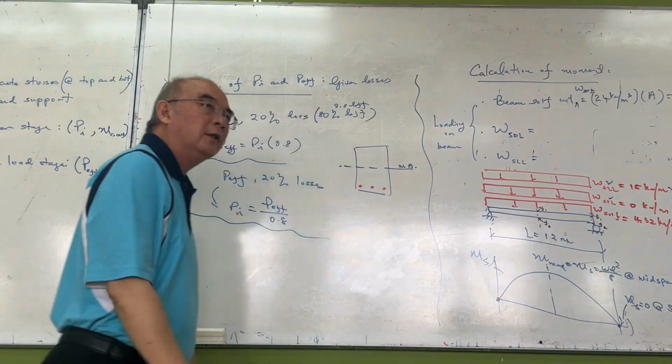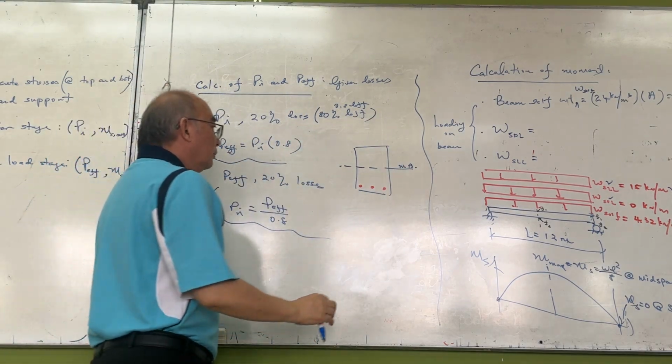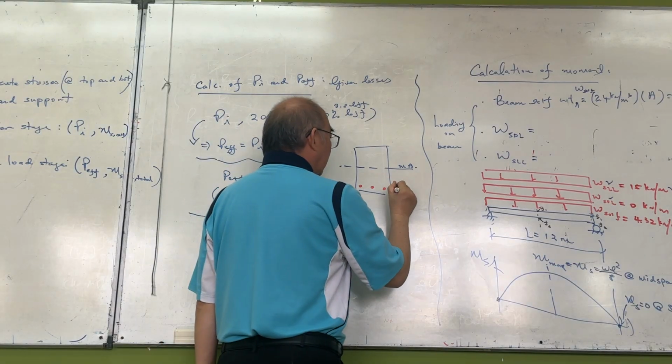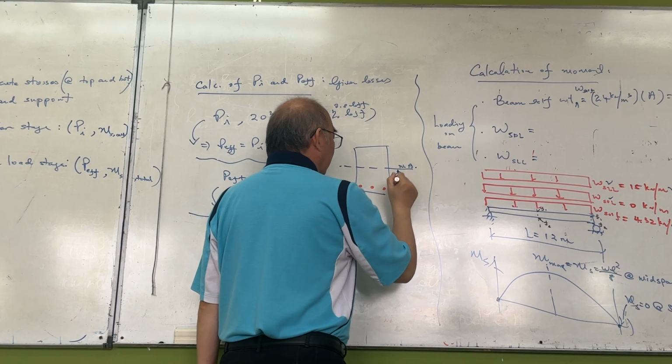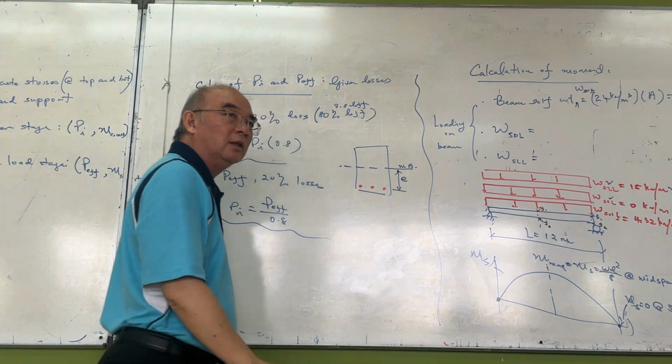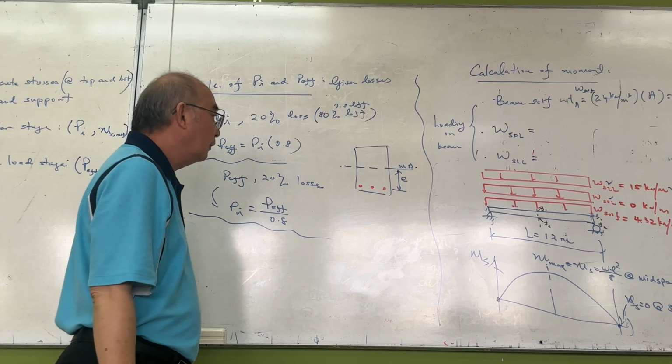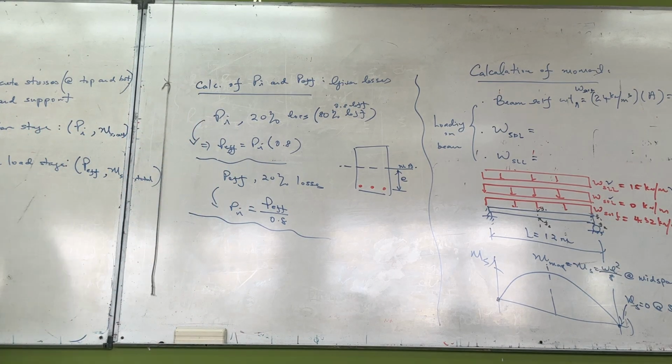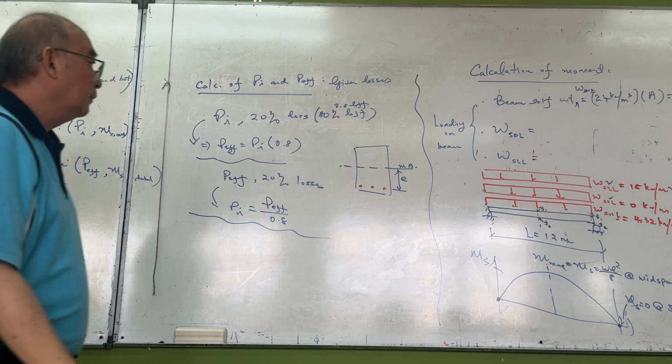The strand is at a certain distance from the neutral axis, and that distance is called eccentricity, E. For example, in this case, my strand will be here. So E is measured from the neutral axis up to the centroid of the strand.